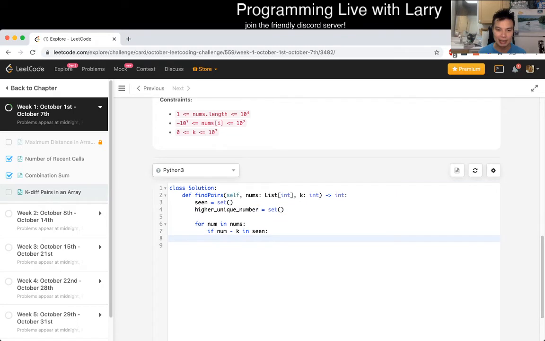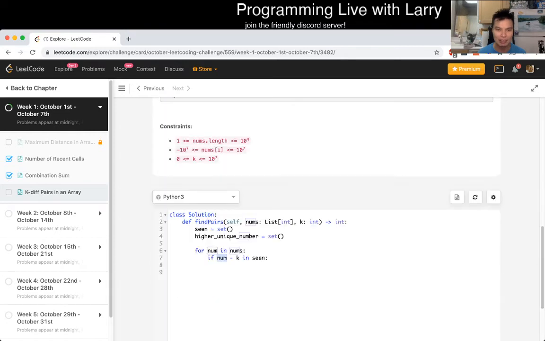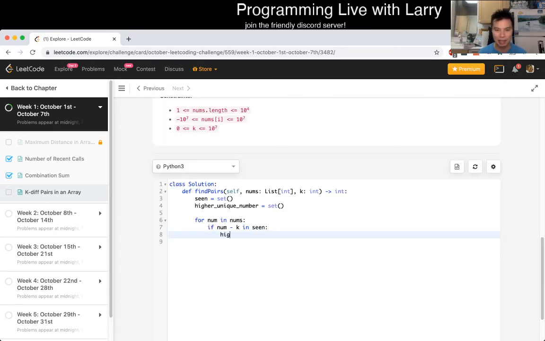And in this case, this is going to be in theory num if it's positive, but because we have negative numbers, even with negative numbers it would just be smaller, right? So that means that in this case, we want to do higher unique number add just num, right? And then if num plus k is in seen, then we just do higher unique number add num plus k.